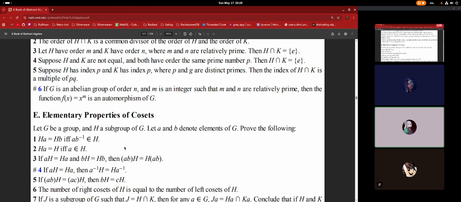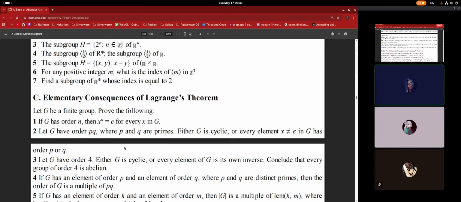So that's one direction. The other direction is a bit trickier, because then you have to prove that if the two sets are equal, then A B inverse must be in H. I'm not entirely sure how I would go about it, but it's probably not too different from what we already did. I think it's related to the proof of the step that if A is in HB, then HA equals HB, from the beginning.